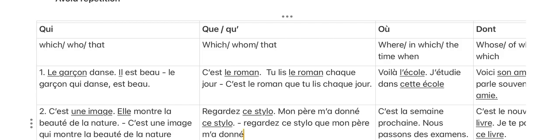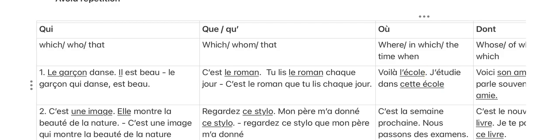Moving on to the next, we have the simple relative pronoun où, which means where, in which, or the time when. So basically, the simple relative pronoun où has to deal with sentences where there is place or where there is time. Let's have a look at the first example where we deal with place.